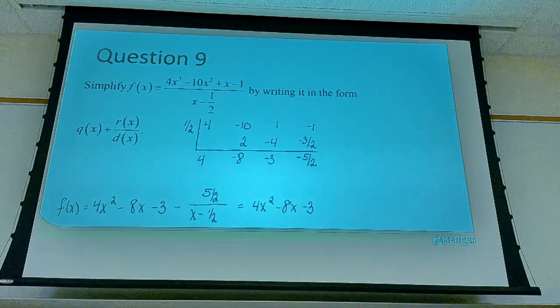We don't like compound fractions. You clear a compound fraction by multiplying numerator and denominator by the LCD. In this case, 2.